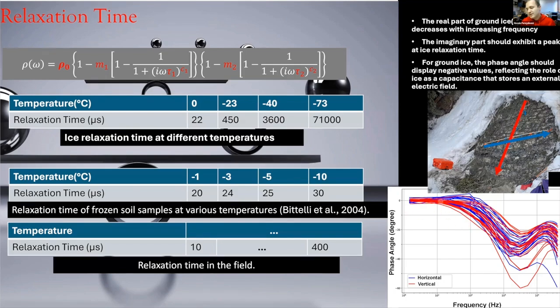You can see here at the bottom right some phase angles of those materials. Finally, we conclude that the relaxation time in the field measurement should be between 10 and 400 microseconds. So that is the key for us: the relaxation time between 10 and 400.